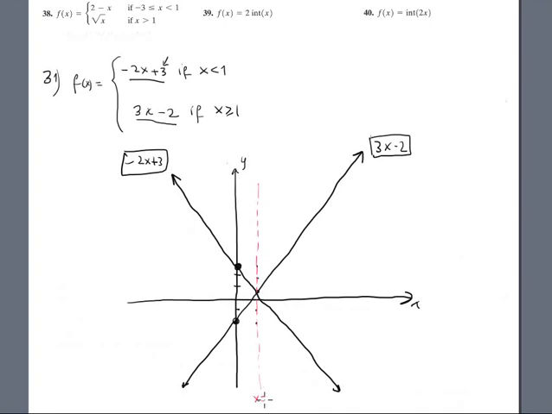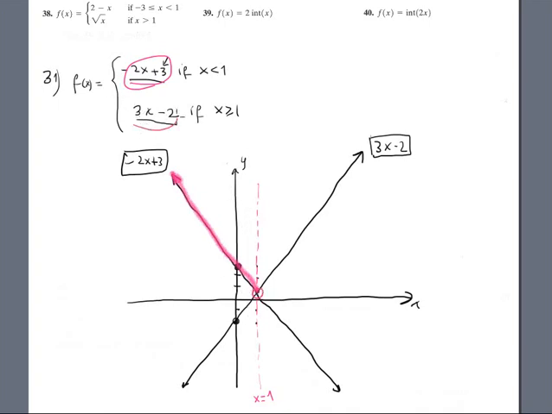x equals 1. Before 1, less than 1, this piece is valid. Therefore, we navigate along this part until here, where you have a circle completely empty.